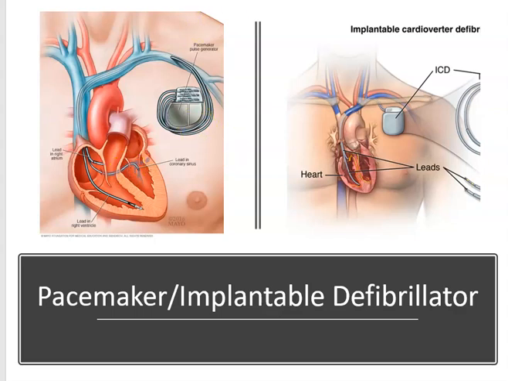If you're looking at this diagram, right here, I'm going to put a little arrow, that is what's known as the pacemaker. Notice it is under the skin and in the chest wall.